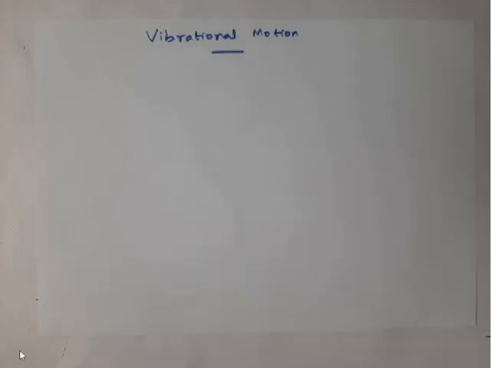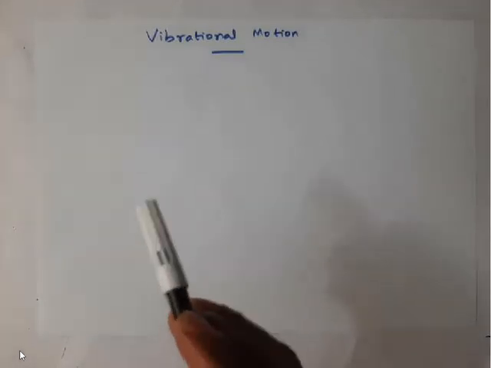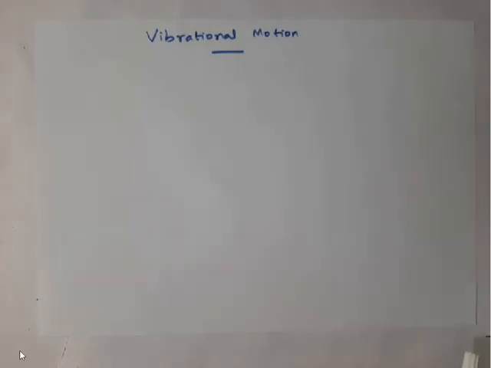In this lecture, I am going to start the vibrational motion. In the last few lectures, we had discussed the translational motions under different confinement, like particle in 1D box, particle in 2D box, particle in 3D box, etc. In this lecture, I am going to start vibrational motion.